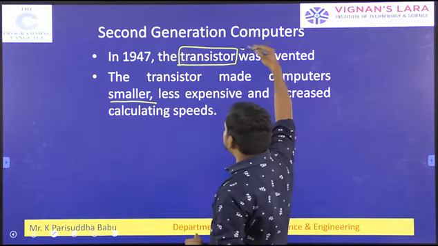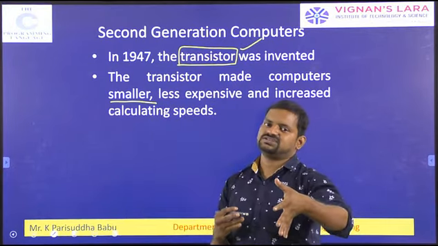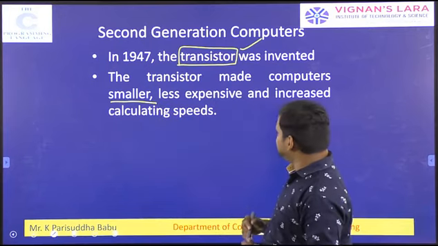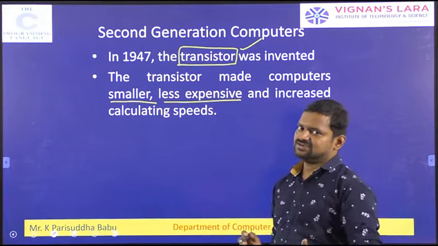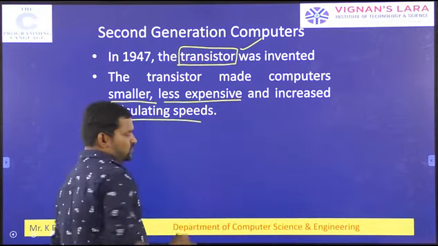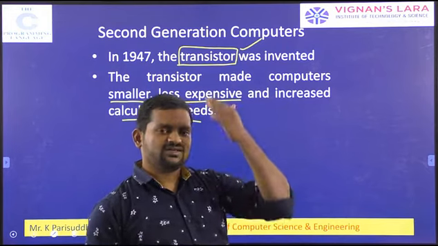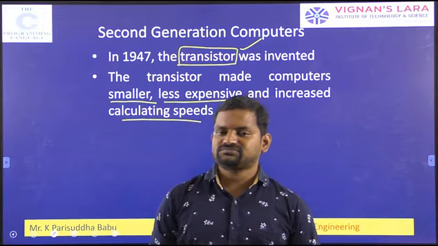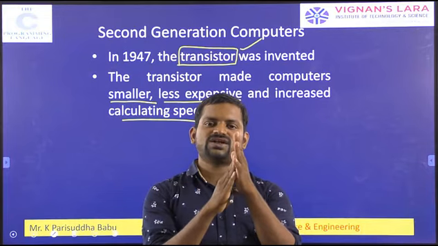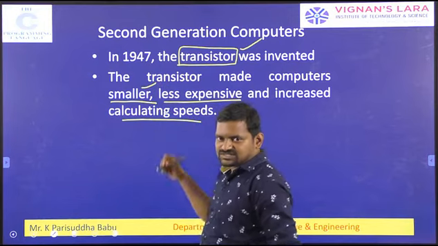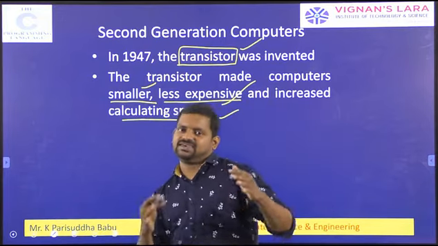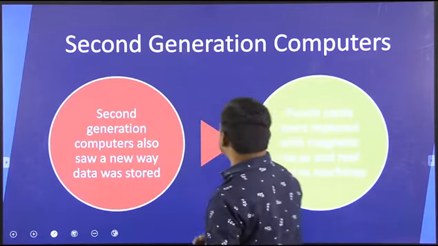With transistors, the computers became smaller and less expensive compared to the first generation, and the calculating speed increased. So that's about the second generation computer.